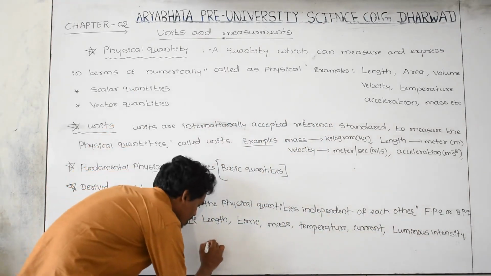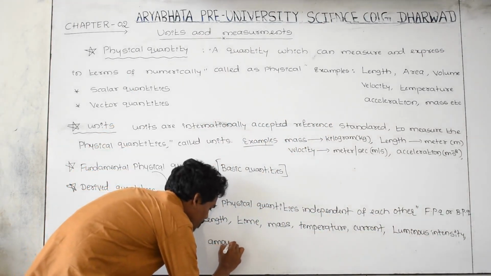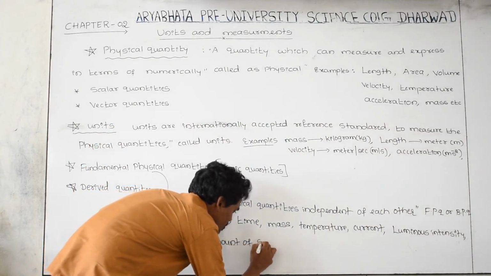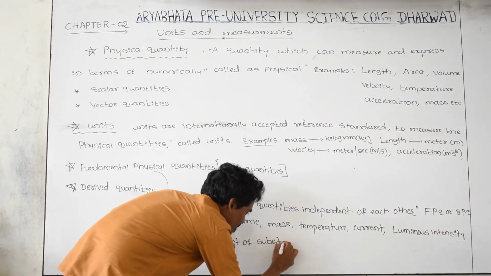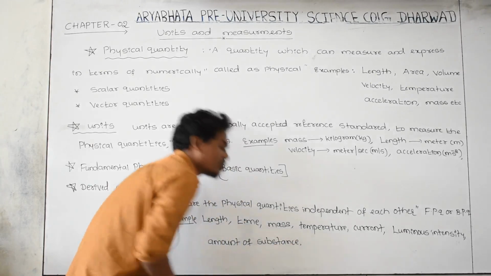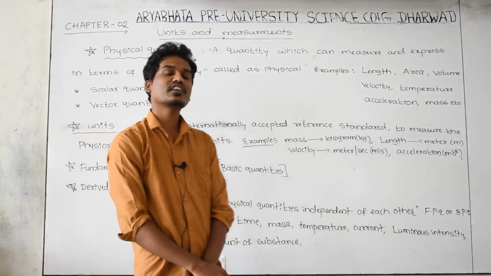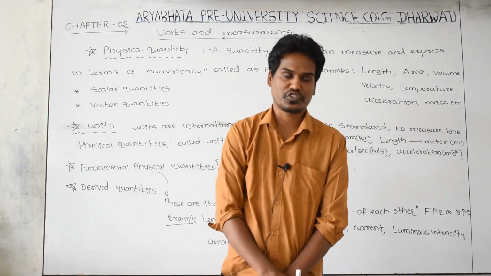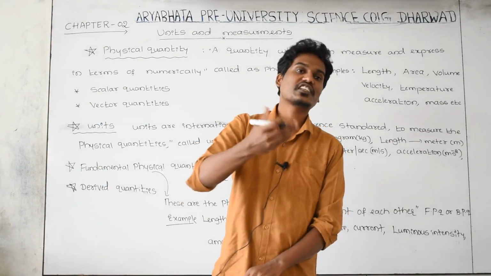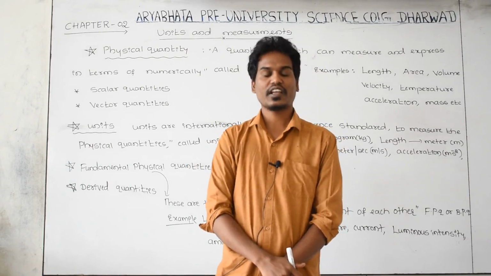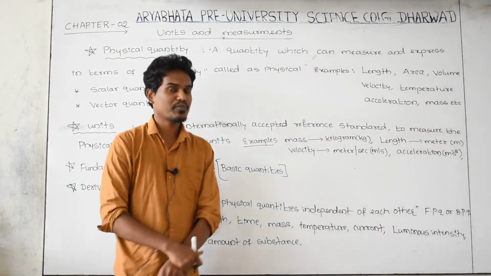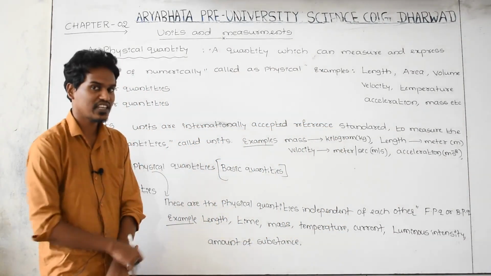And another one is amount of substance. For example, you might have heard about the Avogadro number. Getting 1 mole. 1 mole is the unit of amount of substance. How much substance is there in the matter? The amount of substance can be measured. For example, one element is there.